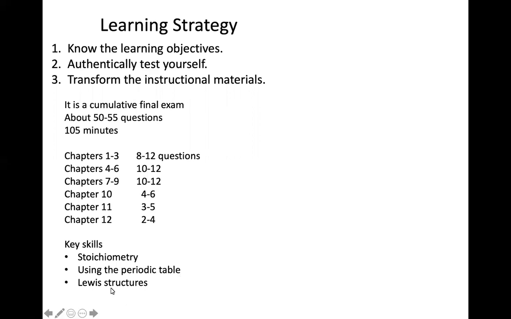And as you know, Lewis structures also show up multiple times. We needed that in chapters 8, chapter 9, and now we're seeing it with chapter 11, if we have to consider intermolecular forces and we need to know if it's a polar molecule or not, that comes back to being able to think about the Lewis structure there as well. So as far as key skills that show up multiple times, those would be the 3.